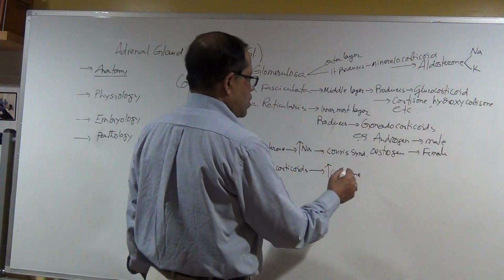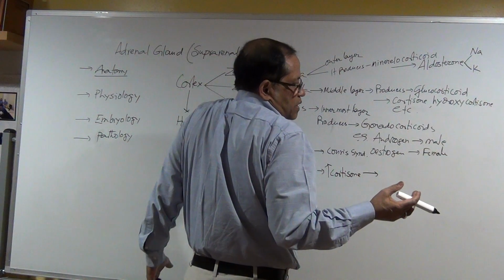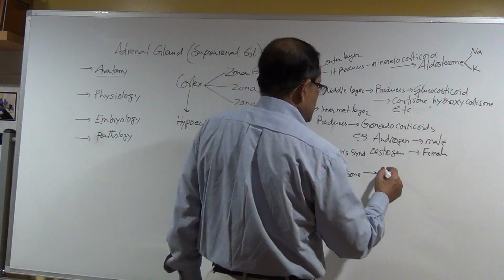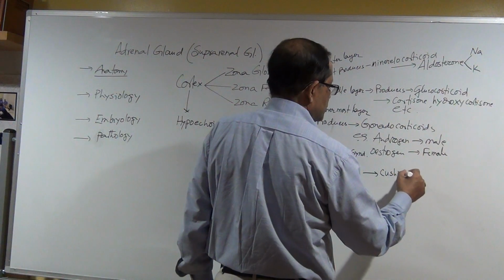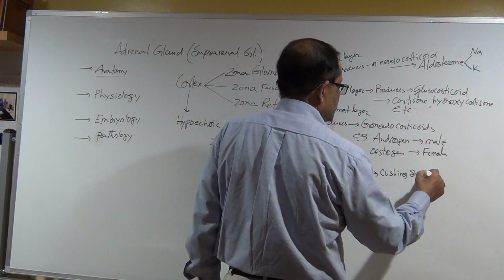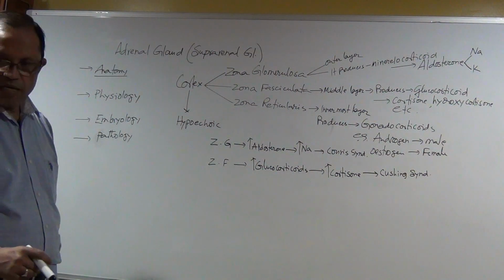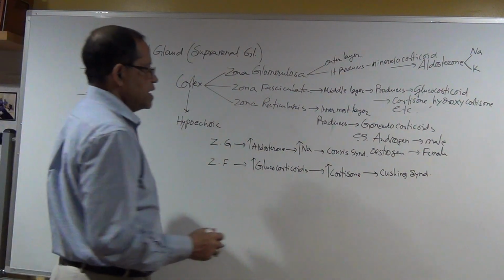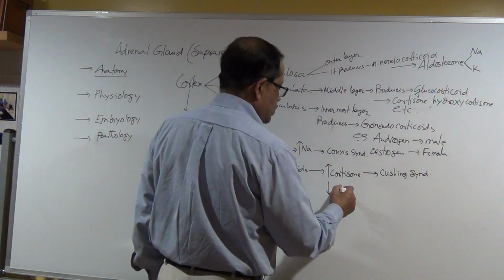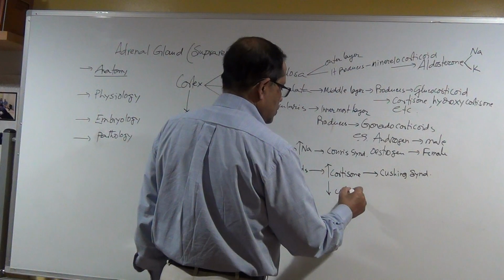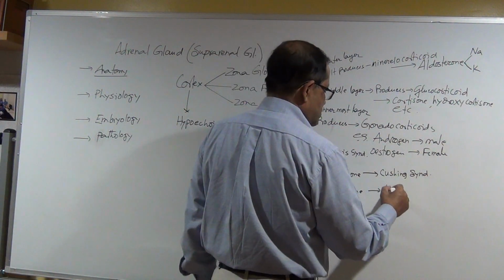When the cortisone hormone is increased, the name of the disease is Cushing syndrome. Cushing syndrome. You heard the name, right? Now, if the cortisol level is low, we call it Addison's disease.